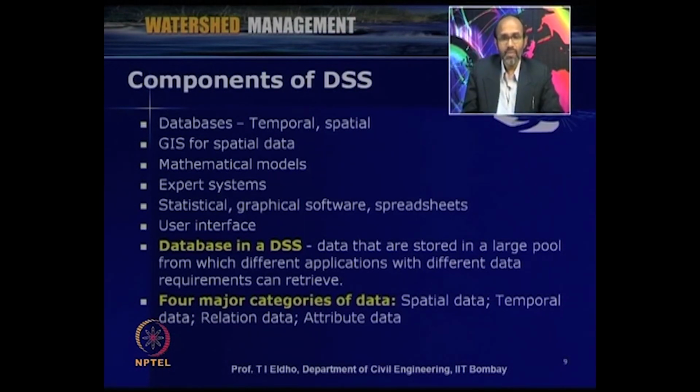And as far as the database is concerned, four major categories of data can be there: the spatial data, I mean the spatial variations in three dimensions x, y, z, and then temporal data like time varying data, then relation data, and then attribute data.